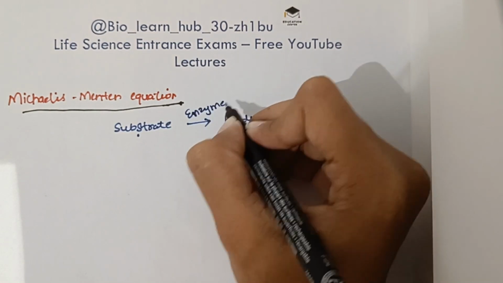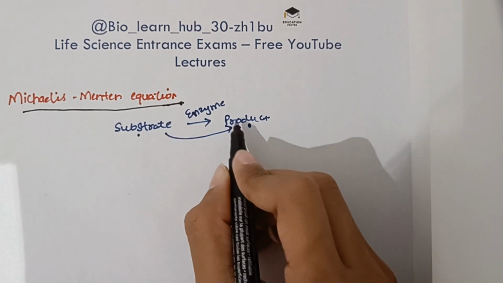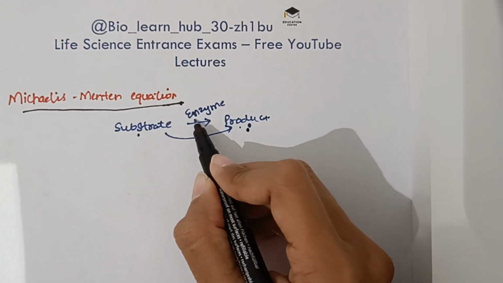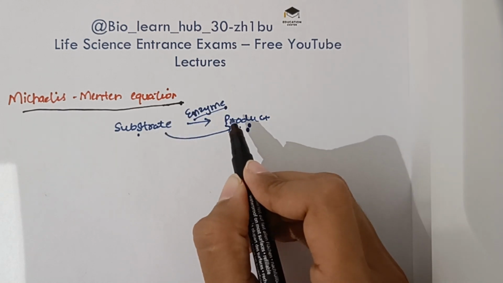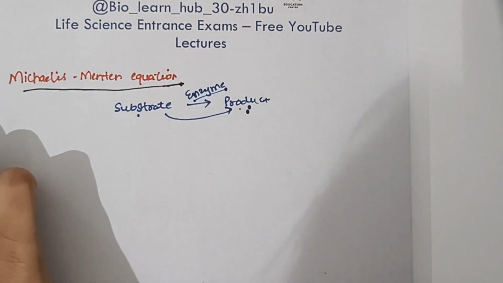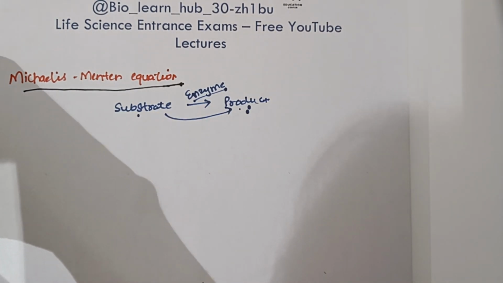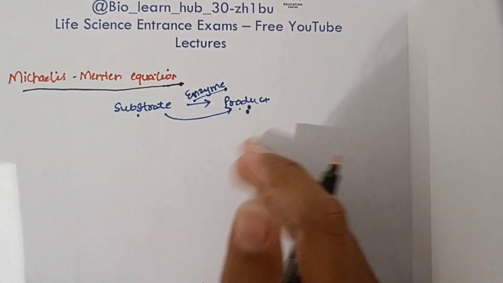The substrate can be directly converted to product as well, but without the enzyme this is a very slow reaction. So the enzyme comes and makes this reaction faster by reducing the activation energy.